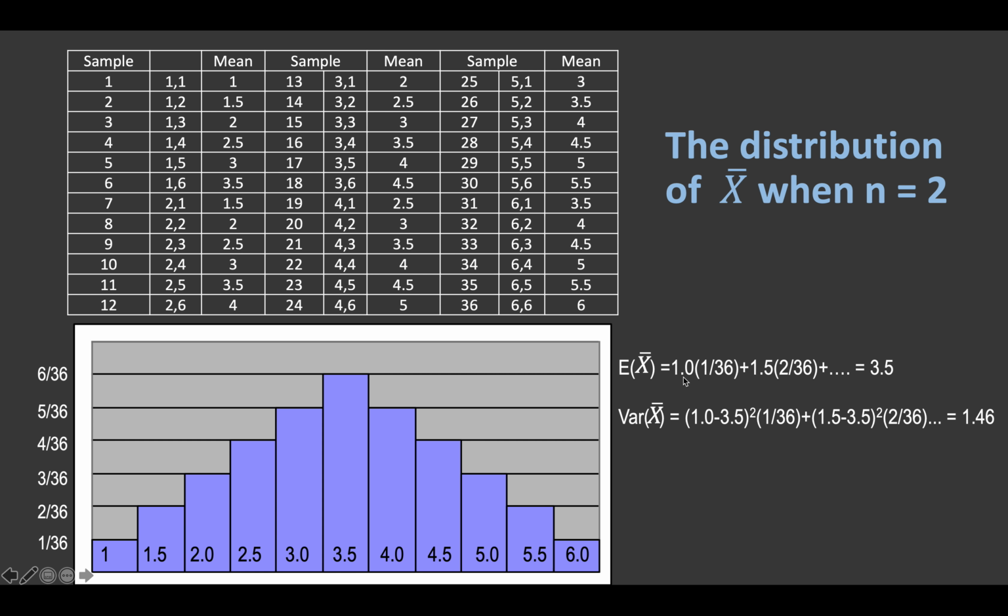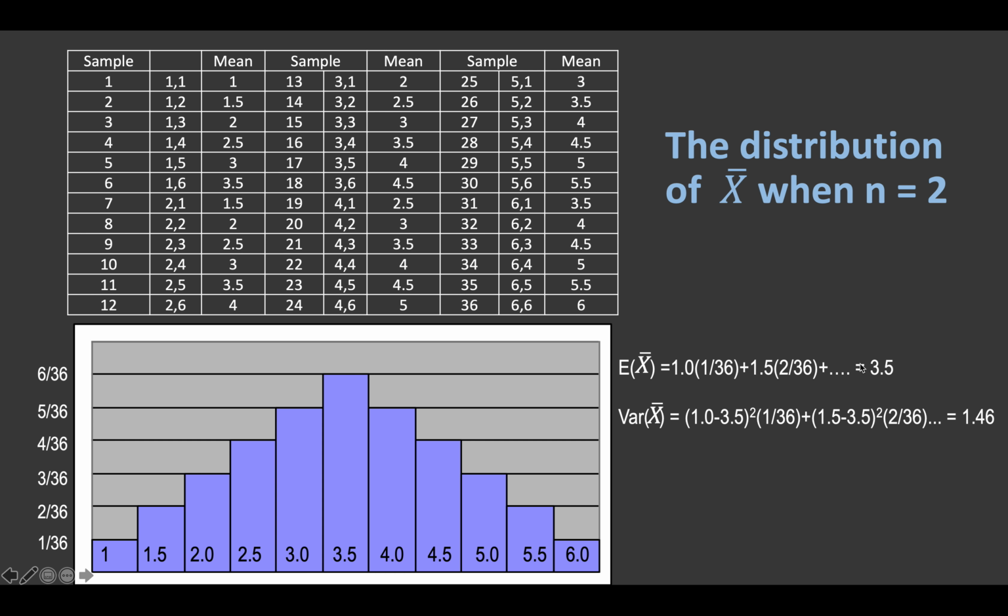So for the value 1, there's only one case of 1, so its chance is 1 over 36. So 1 multiplied by 1/36, and then there's 2 over 36 multiplied by 1.5, and then plus 2 multiplied by 3 over 36, and then 2.5 multiplied by 4 over 36, and so on and so forth.